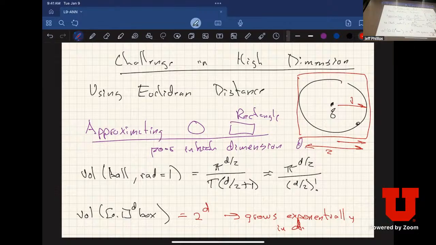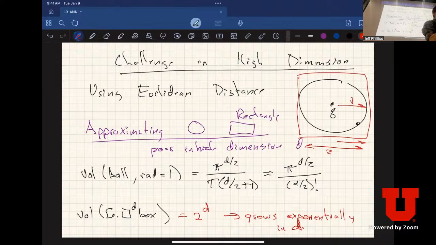You have the pi to the d over 2, so that grows exponentially, but the denominator, d over 2 factorial, is d over 2 times d over 2 minus 1 times d over 2 minus 2, and so on. Most of these terms are bigger than pi. So as d gets bigger, this actually gets smaller. It starts getting bigger at the first few values of d, and then it gets smaller.